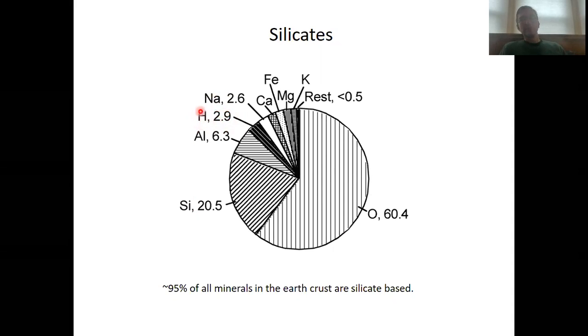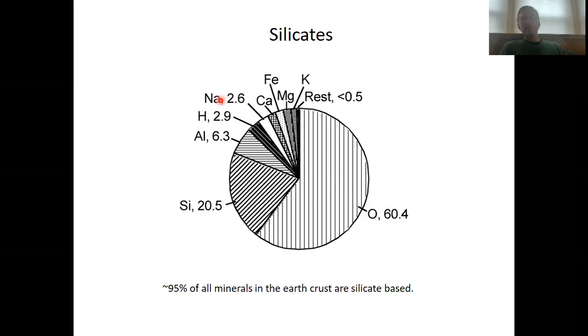We should consider here that hydrogen is significantly lighter than all the other elements because it has only one proton. If we wanted to compare the abundance of hydrogen with oxygen on a molar basis, we would have to take that percentage by 16 because oxygen is 16 times heavier than a proton, but still oxygen would remain the most abundant element also on a molar basis.